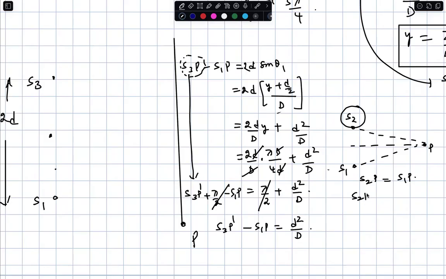You should write it as S2P dash plus or minus lambda by 2. Out of phase means exactly opposite, a 180 degrees phase difference, which means you will write it as lambda by 2. I think I'm very clear on this. Can you please confirm this first?